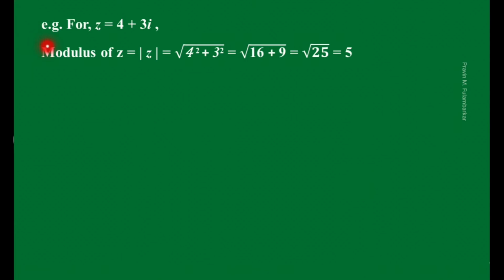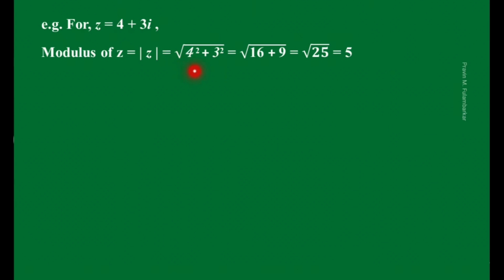Now see an example for z equals 4 plus 3i. We have to find the modulus of this z. So we write modulus of z equals mod of z equals, by using the formula, under root a square plus b square. Here the value of a is 4, the value of b is 3.